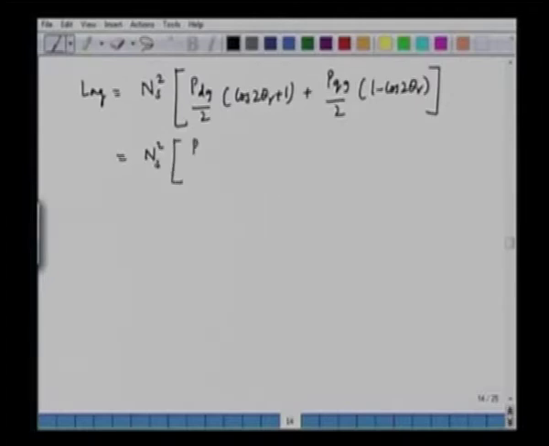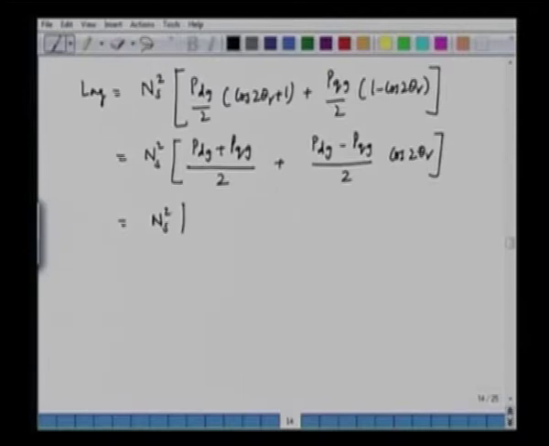Ns square into P dg plus P qg by 2 plus P dg minus P qg by 2 in cos of 2 theta r, and that is equal to Ns square into Pg0 plus Pg2 into cos of 2 theta r, and that is equal to Lg0 plus Lg2 into cos of 2 theta r.